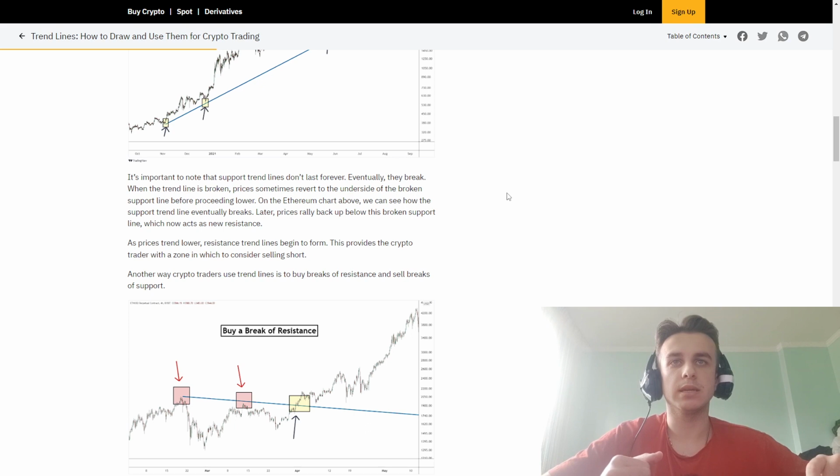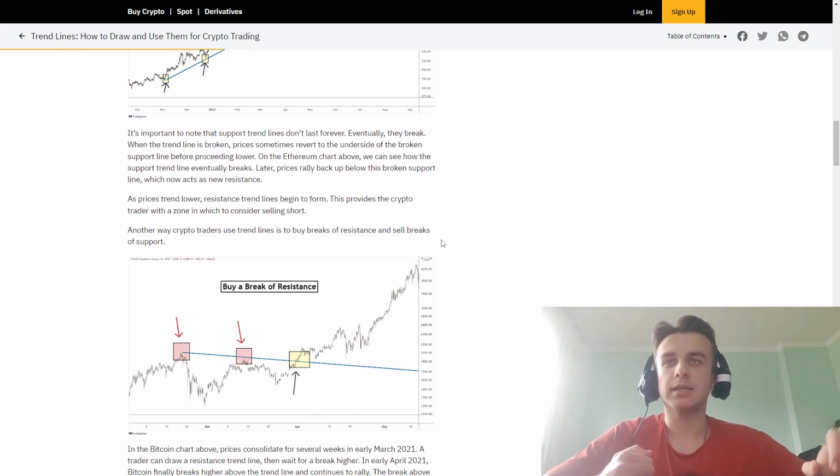Later, price rallied back up below this broken support line, which now acts as new resistance. As prices trend lower, since the trend lines begin to form, this provides crypto traders with a zone in which to consider selling short.